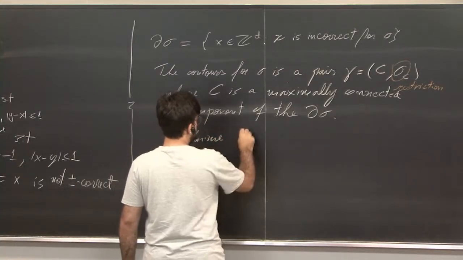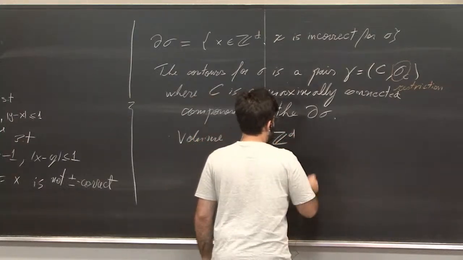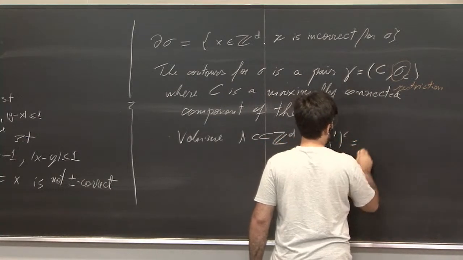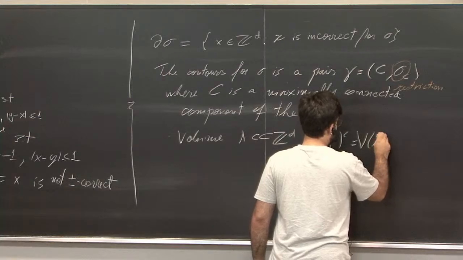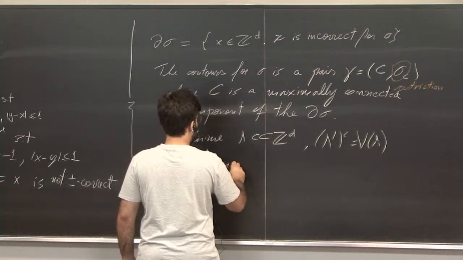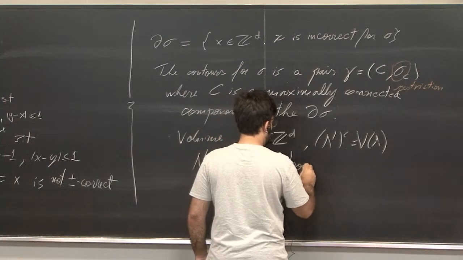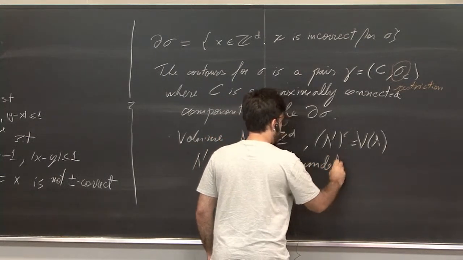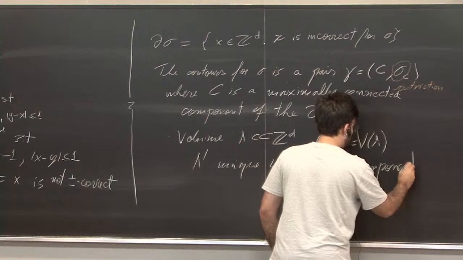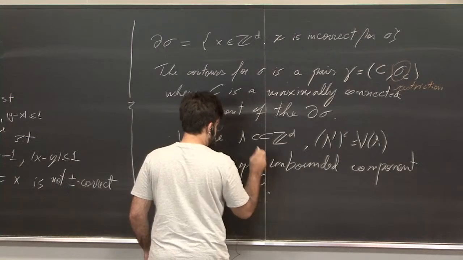The volume of a finite subset lambda is defined by the complement of the unique unbounded component of the complement of lambda.